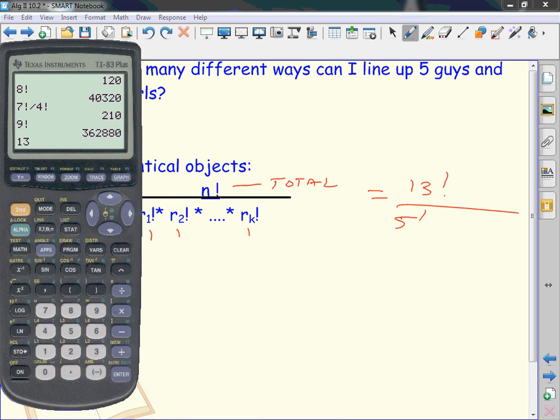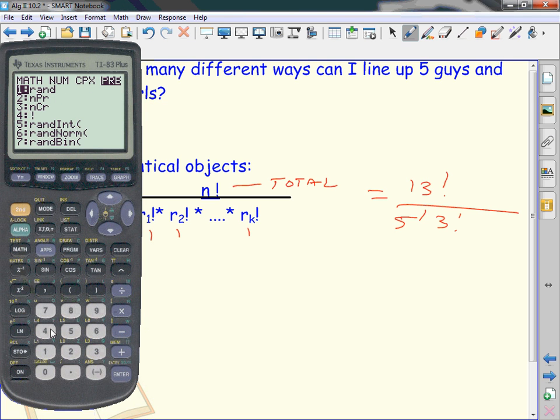So I have 13 factorial, divided by, now I'm going to put it in parentheses. Did I accidentally delete that? 5 factorial, 8 factorial. Are you with me up to now?